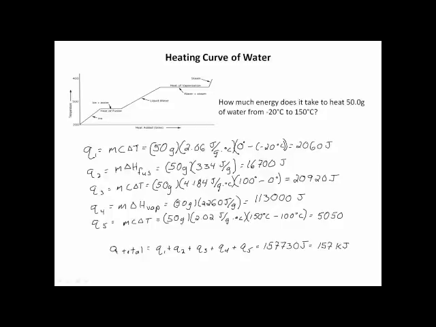And that's all there is. We're just breaking this down into different steps. Okay, so we can't use one Q going from -20 to 150 because we have all these different calculations that need to come into play.